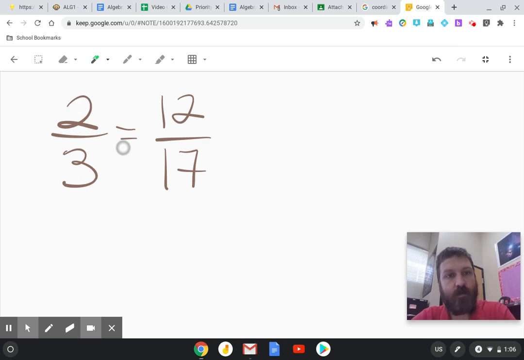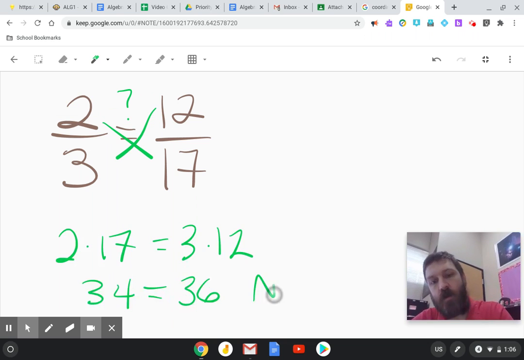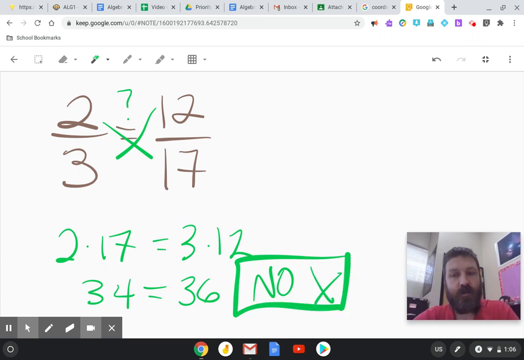Would be our question. So we'd cross multiply 2 times 17 and 3 times 12. 2 times 17 is 34. 3 times 12 is 36. And so no, these are not equivalent fractions because they do not work out to the same number.